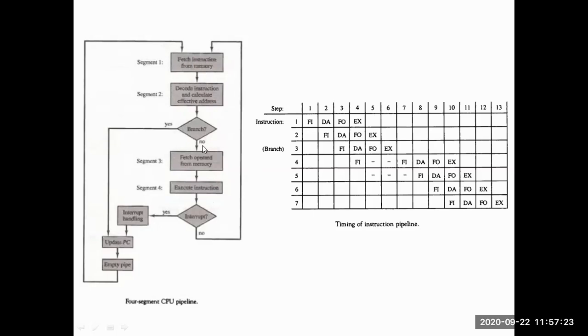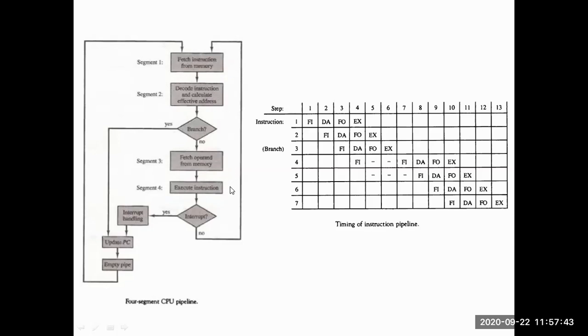In the third clock cycle, one instruction will be here, the second instruction will be here, the third will be here. And in the fourth clock cycle, the first instruction will be here in the execution phase, the second instruction in this segment, the third instruction in this segment, and the fourth in this segment.